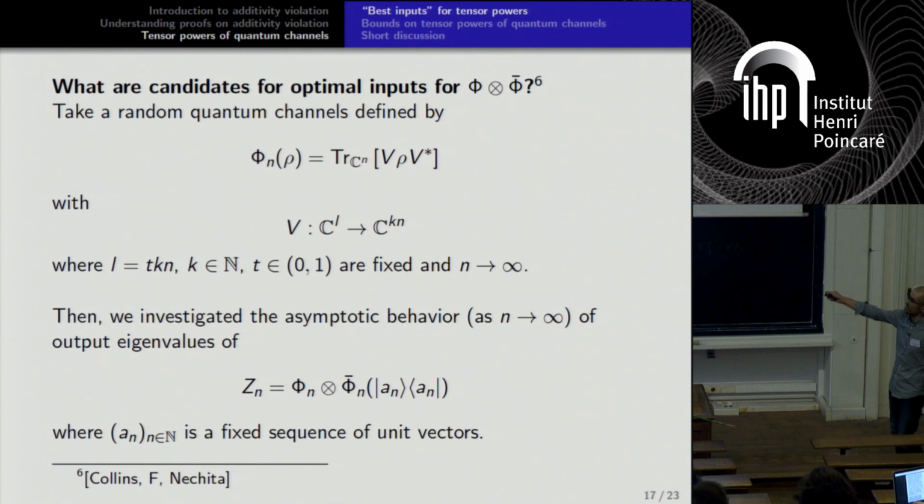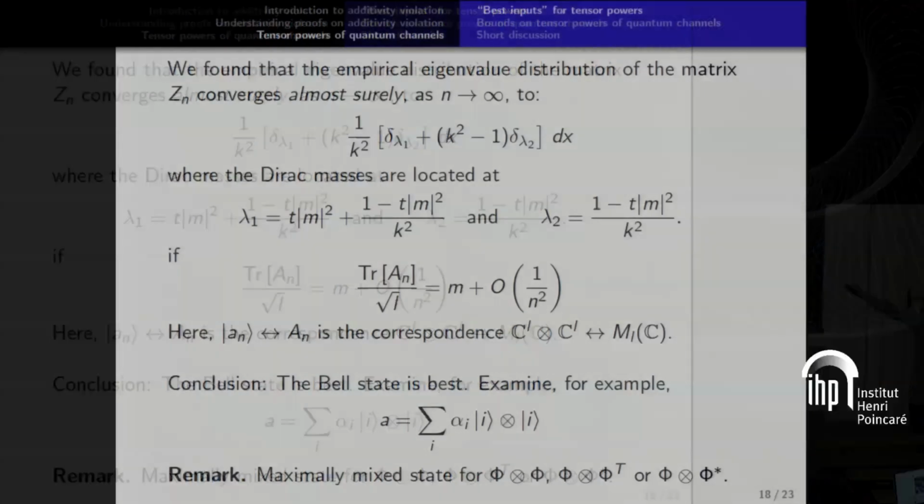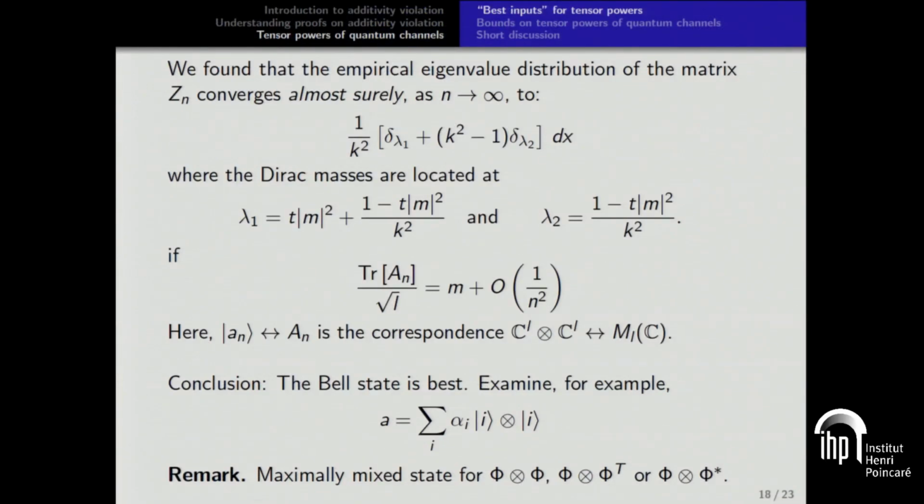So if we fix the input and take random quantum channels, we see what's happening. After calculation, this has been done several years ago, we have this kind of limiting eigenvalue distribution. And after calculation, we have this formula.